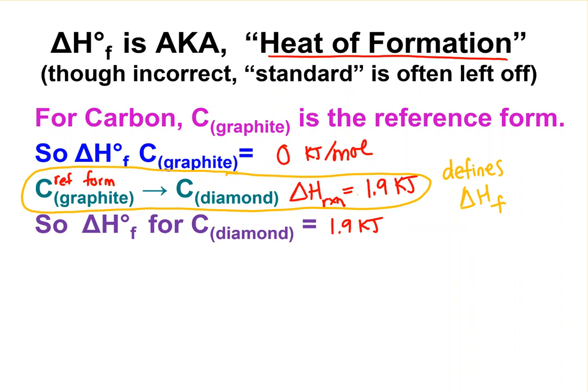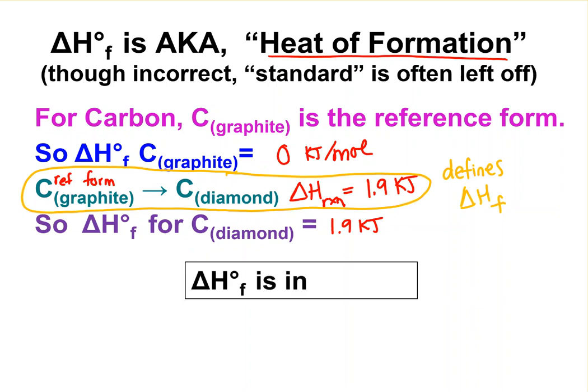The heat of formation is the energy, the delta H, for the reaction where you take the reference form and go to the one you're interested in. So that's why this is the heat of formation of diamond. It's based on that reaction. Heat of formation will be in kilojoules per mole.